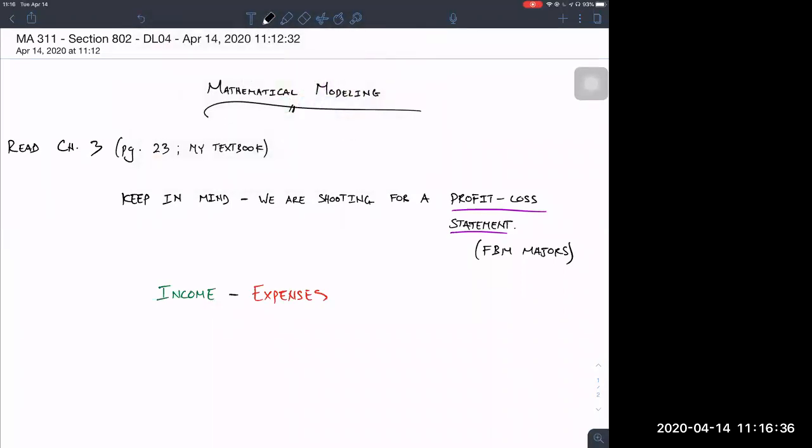And then whatever this profit loss statement is, this is going to translate as our model.